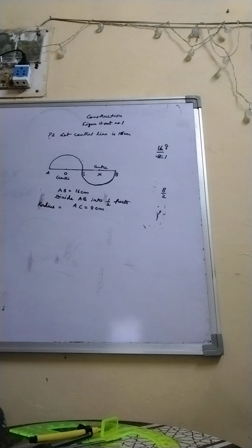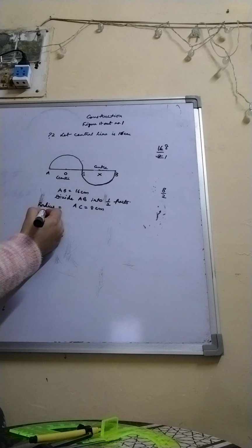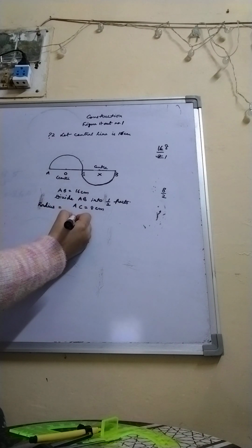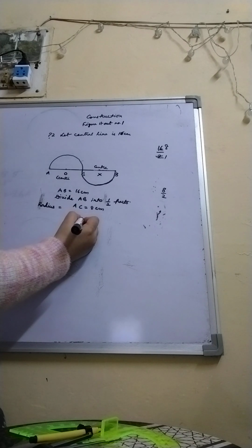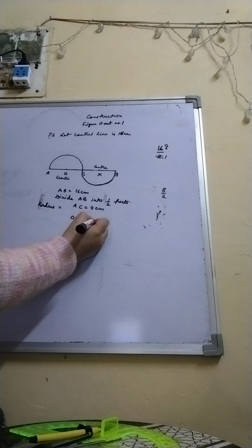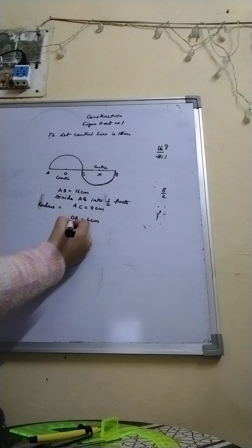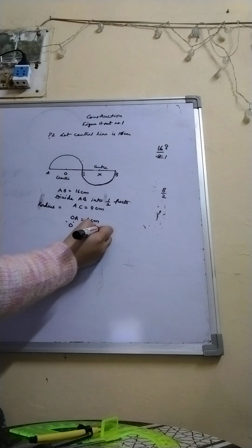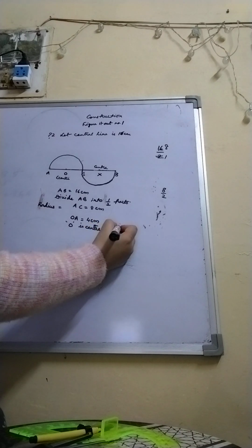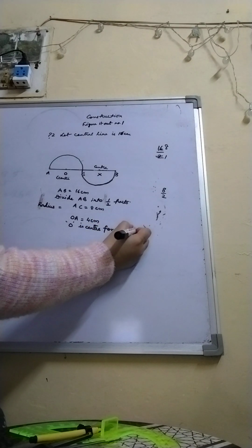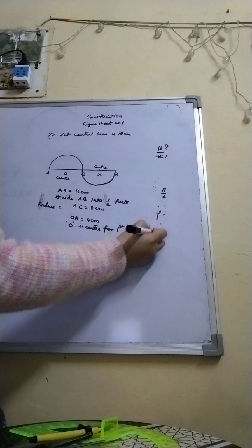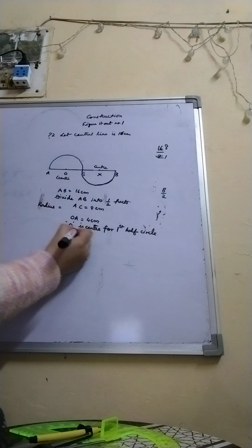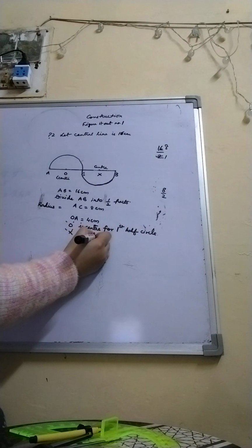Then you would say that OA is equal to 4 centimeter and O is the center for the first half circle, and X is the center for the second half circle.